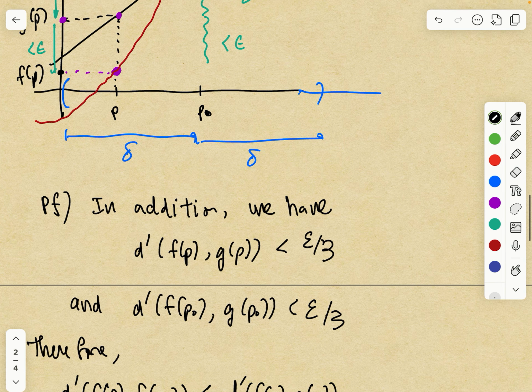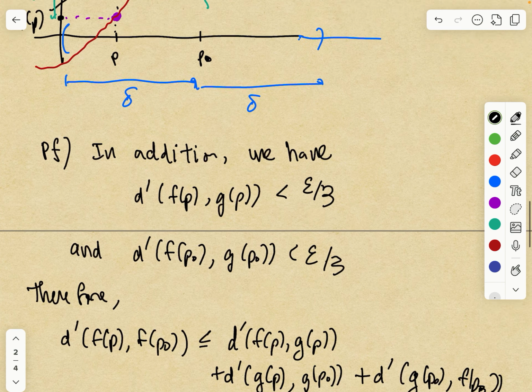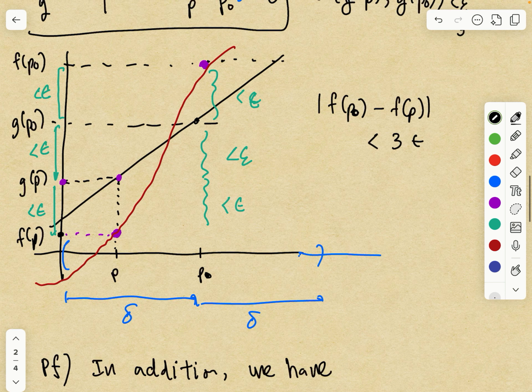So how do we assess this proof? Once you draw the picture and get the idea, it's not so hard. The idea is that you're trying to show that f is continuous. You know that g is continuous, so there's a delta such that for all p within delta of p naught, you can bound the distance between g of P naught and g of P. That's a really small number.